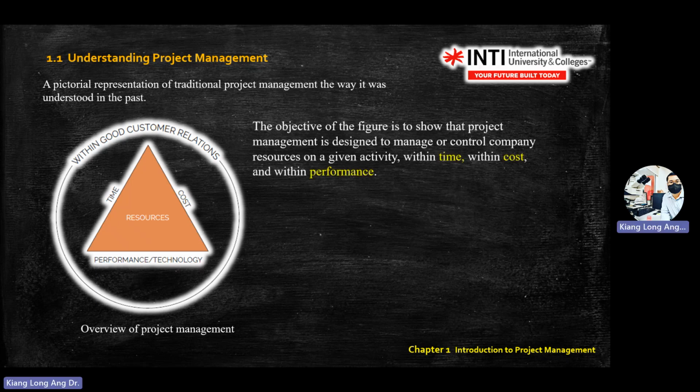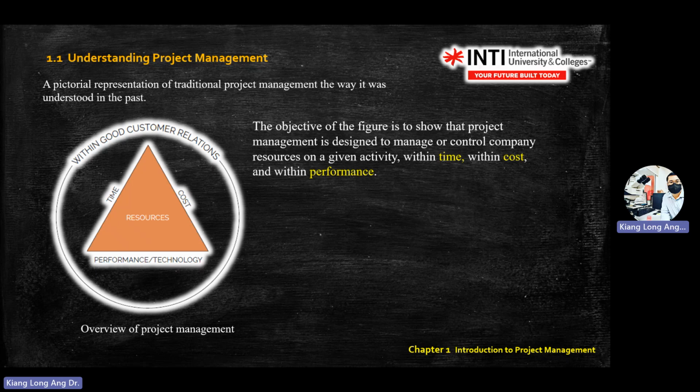So the rest you read. The objective of showing you this is that project management is to design and manage the resources in the middle on a given activity within the time, cost, and performance. This is the resources that you need. But what are these three names?